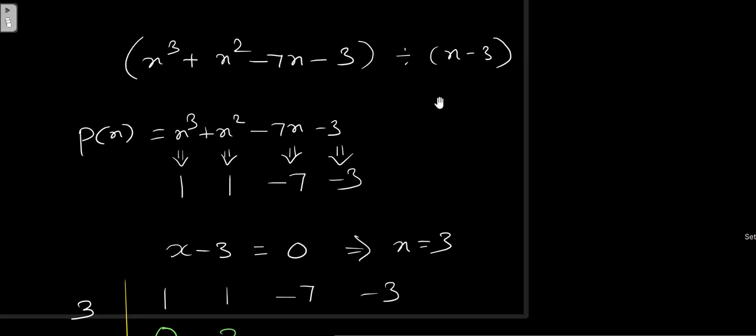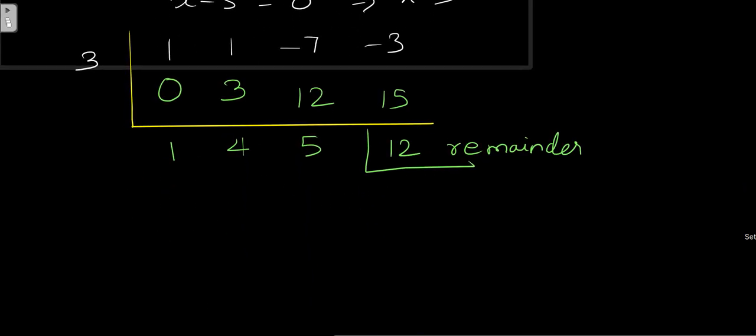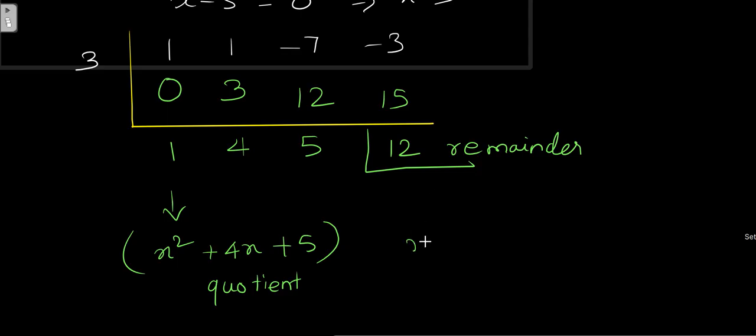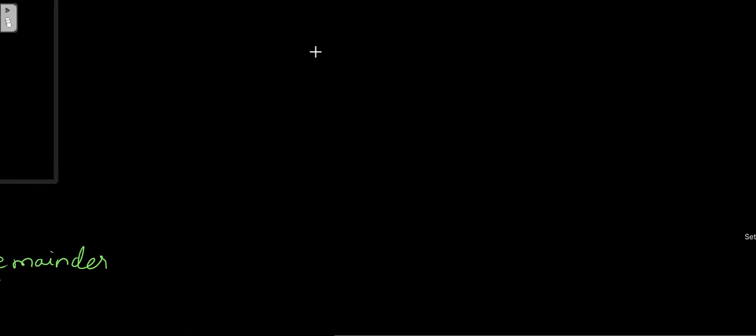So it is very easy to find when this function is divided by x minus 3. It gives remainder 12, and the quotient will be x square plus 4x plus 5. The remainder is 12. So we can clearly get the quotient and remainder using this method.